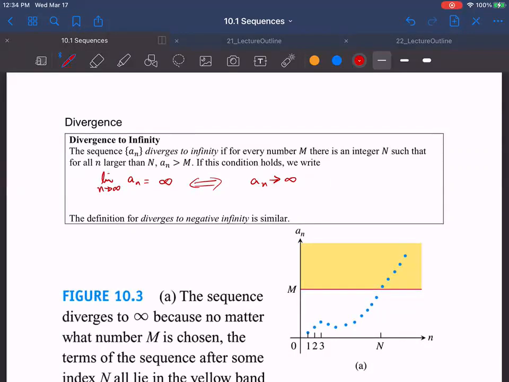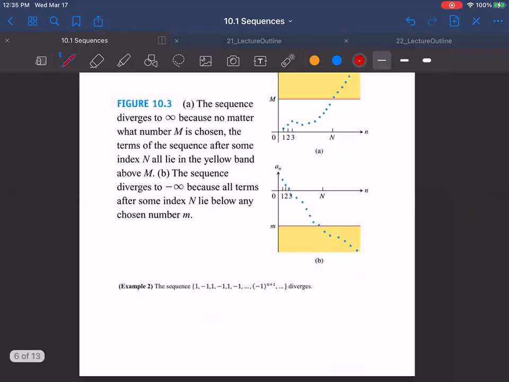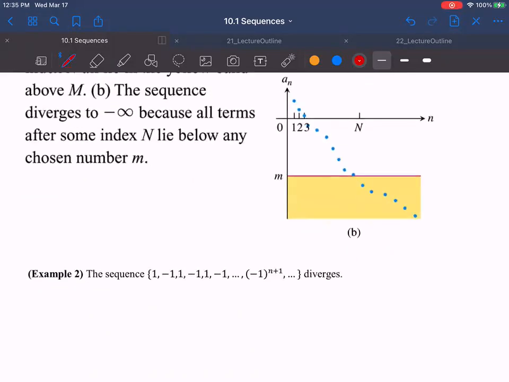You can do a similar thing for negative infinity: for every one, there's always one smaller, or more negative, as you go down. Okay, and that's it for the idea of what divergence is, and there's an example of a sequence that diverges. All right, we'll stop there for today and continue.